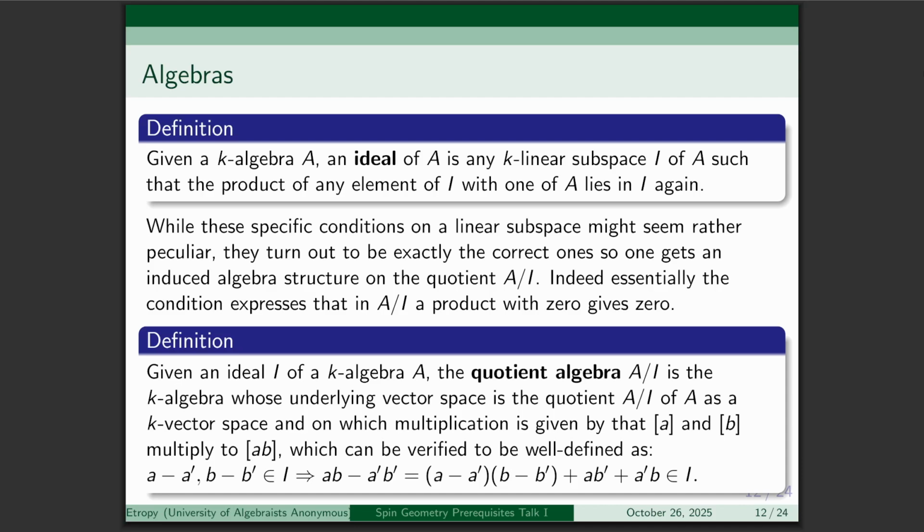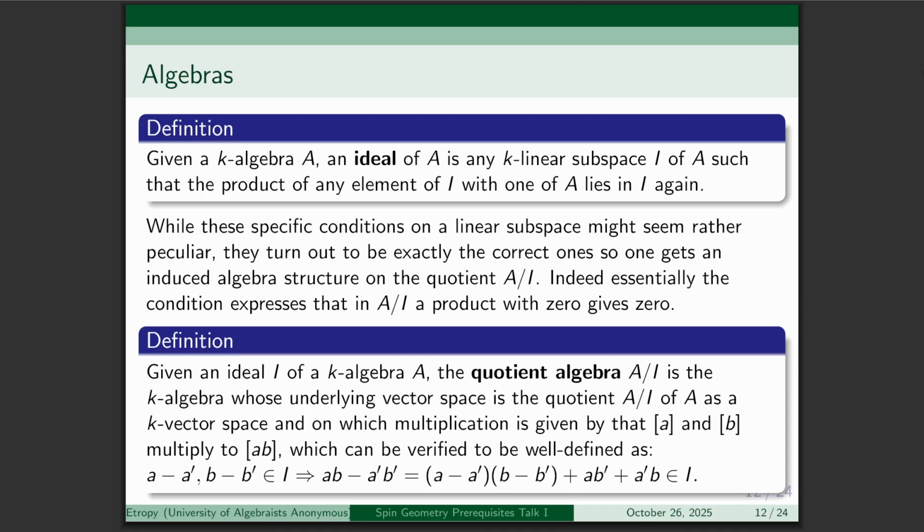We take some equivalence classes of A and B, with representatives A and B. Ideally, we wish to define their product as the equivalence class of AB. Now, for this to be well defined, we need to suppose that if A and A prime are equivalent, and B and B prime are equivalent under our equivalence relation induced from I, so the differences lie in I, they are 0 in the quotient, then the product AB will be equivalent to the product A prime B prime, so the difference will be in I. And this is just a direct computation.